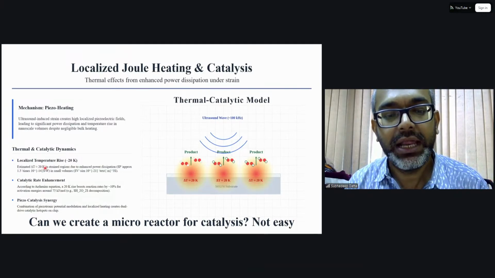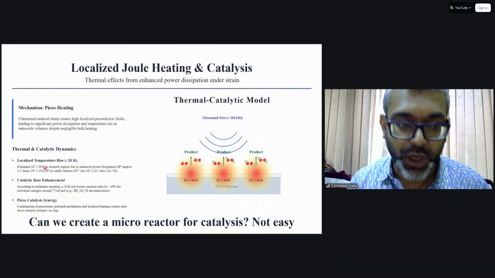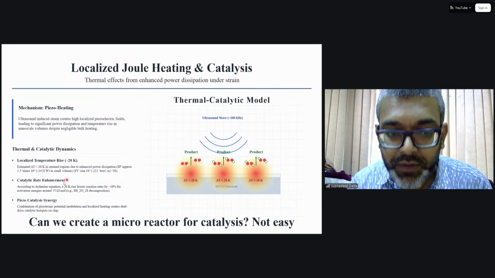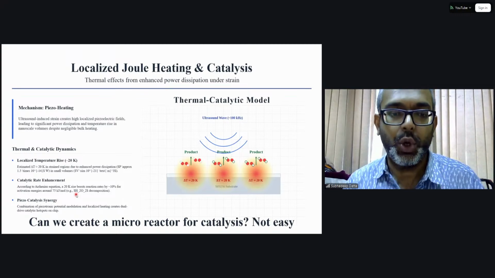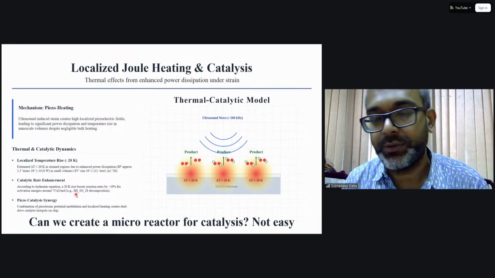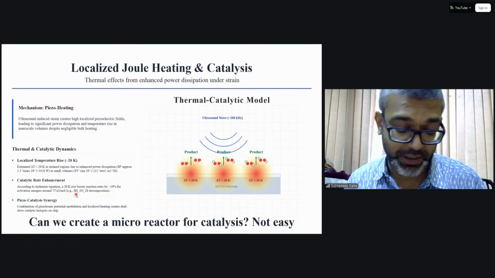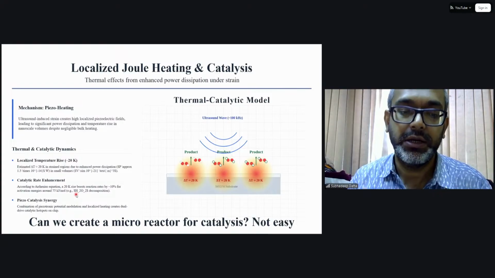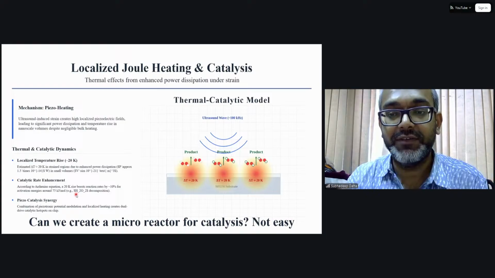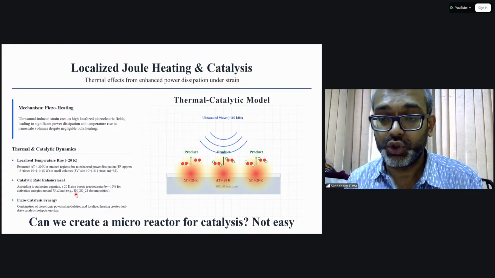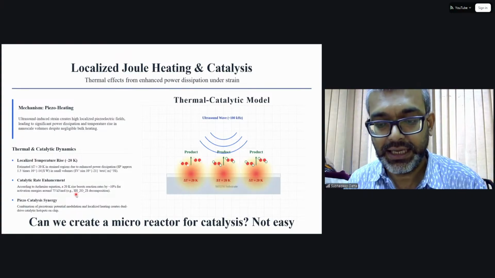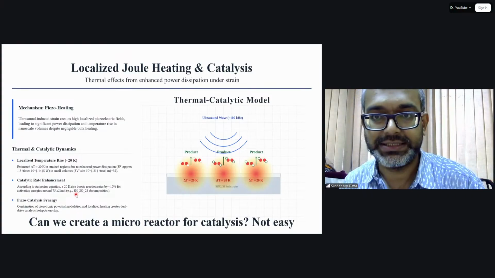So it's a microelectronic reactor, because for a 20 Kelvin rise of temperature, we have observed from the literature that, let's say, H2O2 decomposition, which is considered a very important reaction for chemists, needs 20 Kelvin heat. So in our case, this small microelectronic circuit can be used for catalysis.